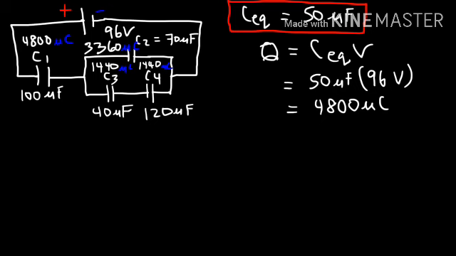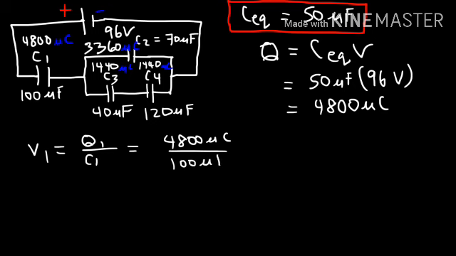Now let's calculate the voltage across each capacitor. And let's see if it adds up to 96. So let's start with C1. So the voltage is going to be the charge divided by the capacitance. So the charge is 4,800 microcoulombs, and the capacitance is 100 microfarads. So 4,800 divided by 100 is 48 volts.